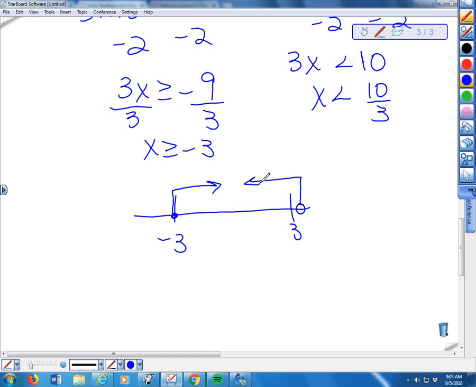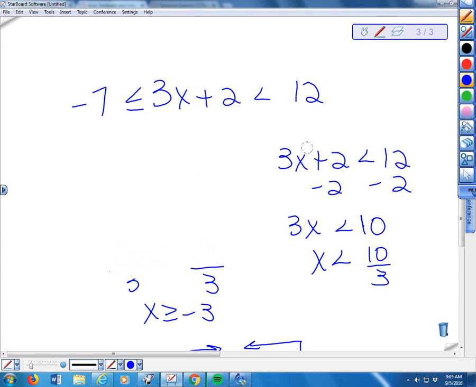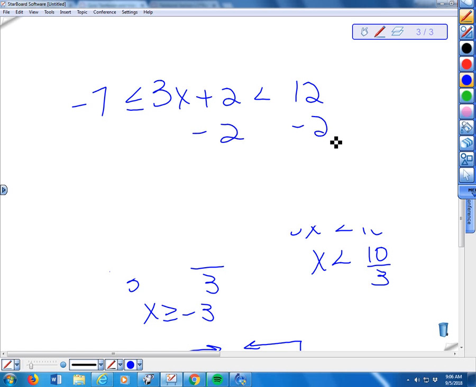Okay? The other way I could solve this is to just do it all at once. First step here, I'm trying to isolate x in the middle, right? So I'm going to subtract 2 from every side. Right?